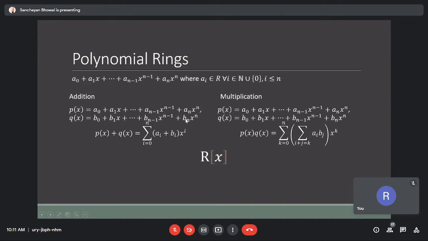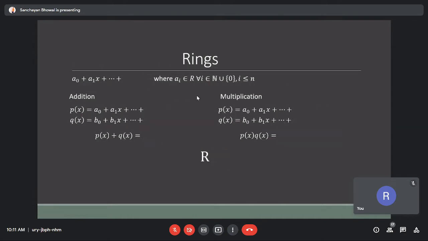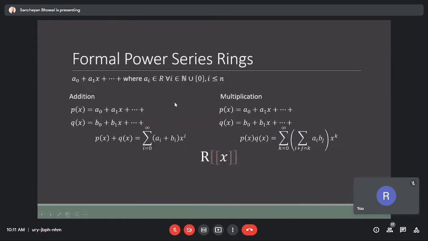Now we further generalize it and introduce formal power series. What is this? This is a never-ending polynomial, let's say. So it continues, continues, and continues. We are not bothered about whether this series converges or diverges or anything. And consider these as a sequence, a0, a1, a2, dot dot dot. Now how do we add them?